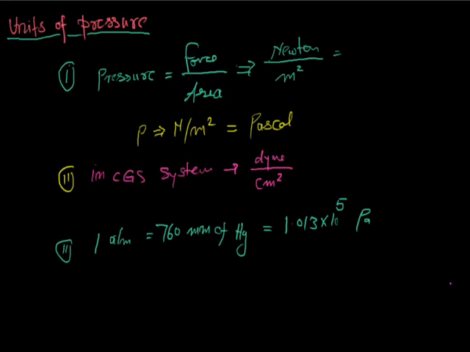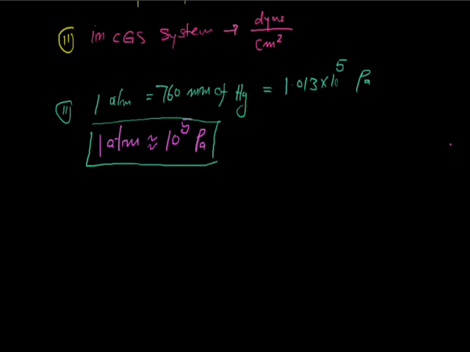1 atmospheric pressure is approximately equal to, because 0.013 is very small, so we can say it is approximately equal to 10 raised to the power 5 Pascal, and it is called 1 bar.